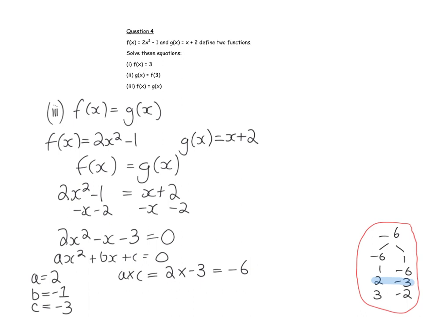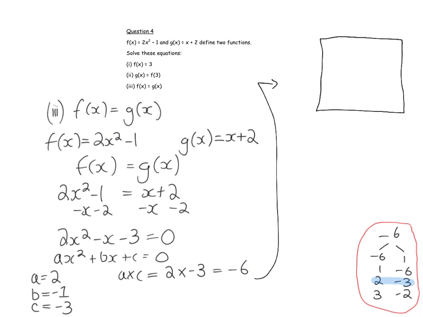We then draw our box. The x squared goes in the top left, so it's 2x squared. The number goes in the bottom right, which is minus 3. We've then picked 2 and minus 3. They can go in any of the remaining boxes, it doesn't matter which way, and an x goes after both.